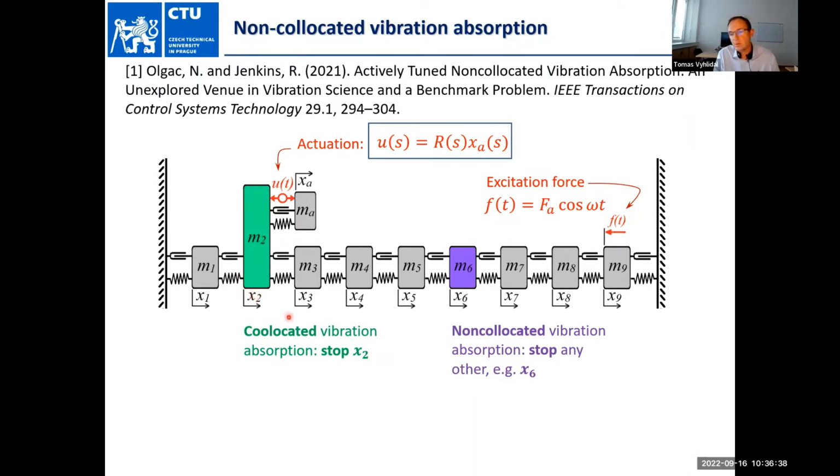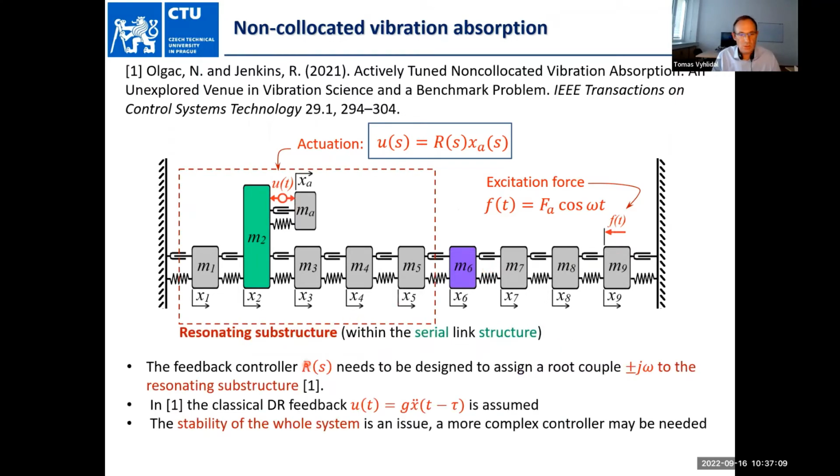But if you want to suppress or absorb the vibration of this other mass, the problem is much more difficult because you can see that we have actuation only at the resonator. So it needs to exert mechanical waves, which ideally suppress the waves coming from the other side.